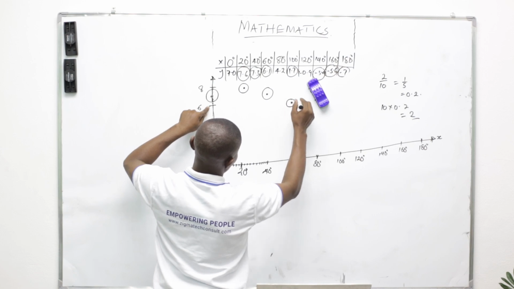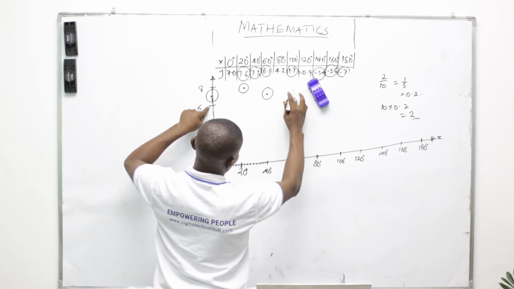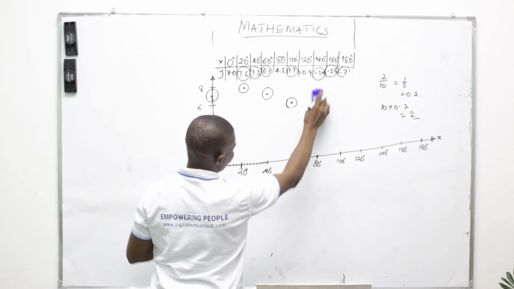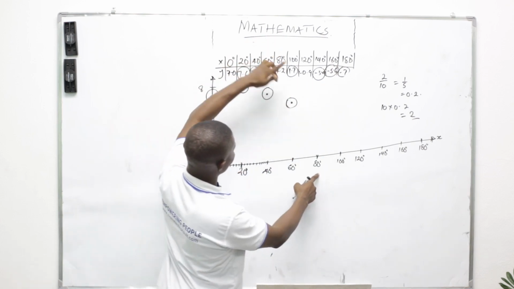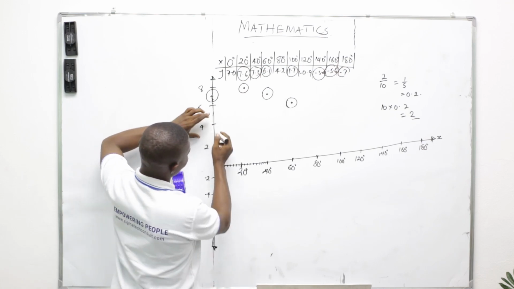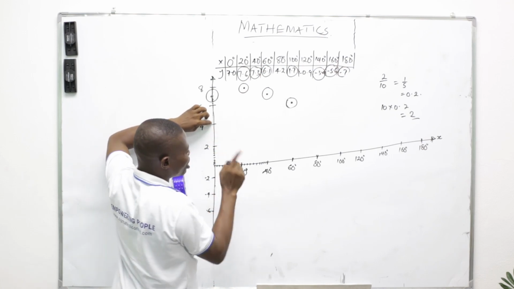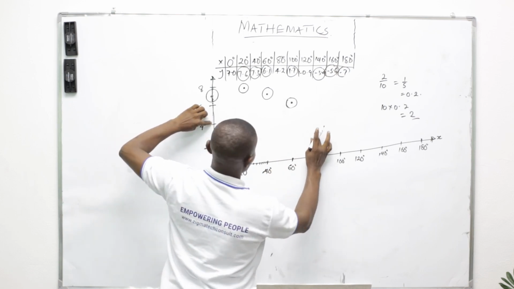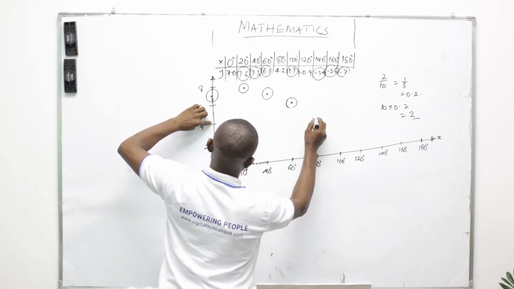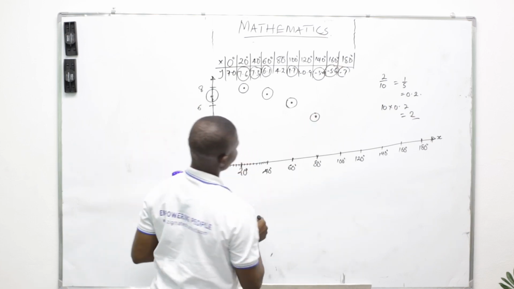Then you circle it. Follow me and do whatever I'm doing. Okay, when x is 80 degree, y is what? 4.2. This is 4.2, meaning you just needed one square box. Okay, just one. You plot 80 degree.